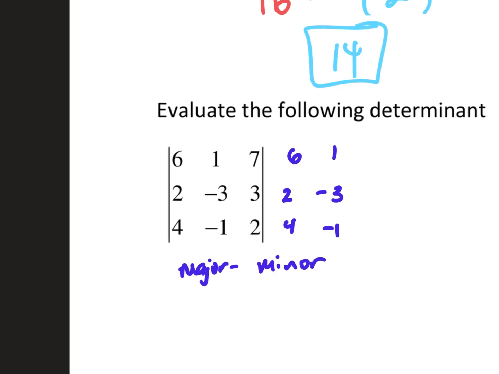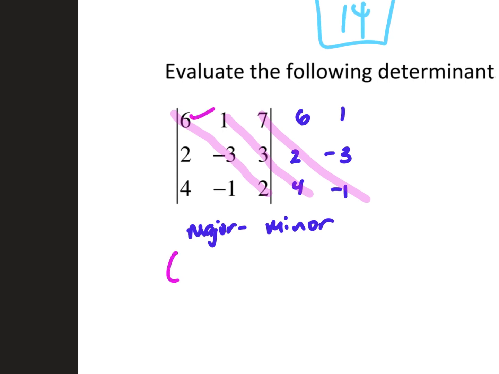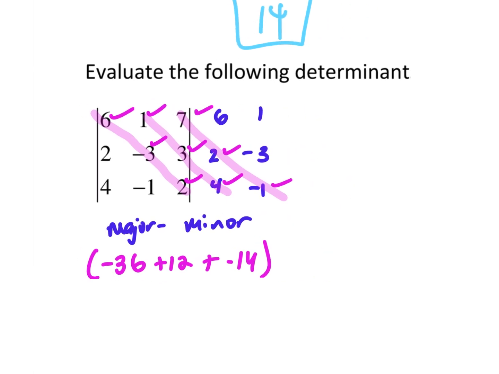So I'm going to find my majors. I have a major here, here, and here. So my major is going to be 6 times negative 3 times 2, which is negative 36, plus 1 times 3 times 4 is 12, plus 7 times 2 times negative 1 is negative 14. Minus, let's find our minor now.